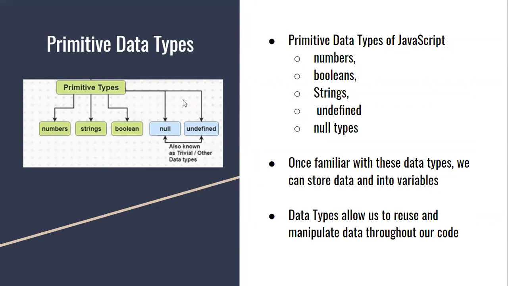So the primitive types of JavaScript are as follows. They're numbers, booleans, strings, undefined, and null types. Now, numbers, booleans, strings are pretty straightforward, to be honest. There is a very big distinction between JavaScript and other programming languages. JavaScript can be very tricky to master, and it comes around the trivial types, these undefined and null types.